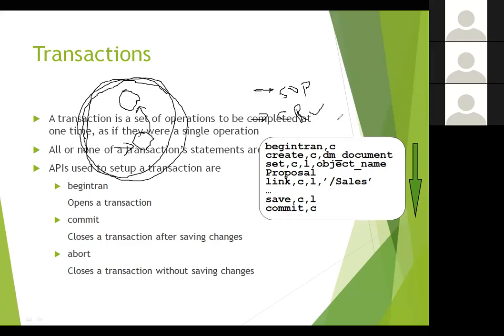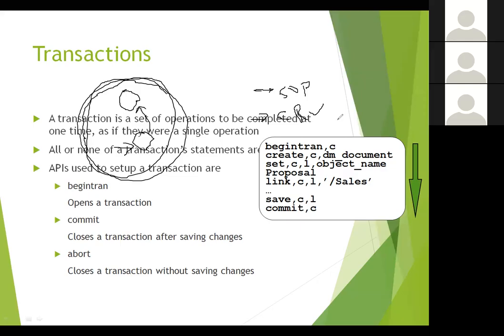So many operations are there: SOP creation, then approval within 5 days. If anything gets missed, then you need to delete the complete thing. A transaction is a group activity, a chained activity.